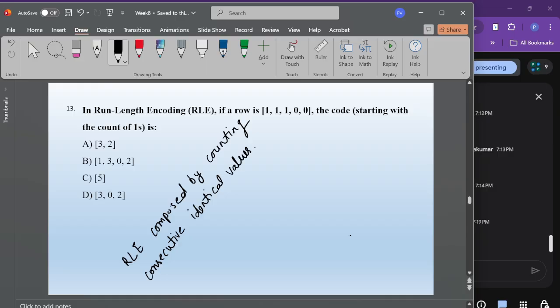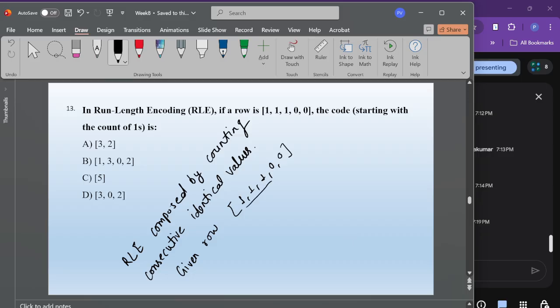So the given row is 1 1 1 0 0, right? How many ones are there, how many zeros are there? We just need to count consecutive identical values.